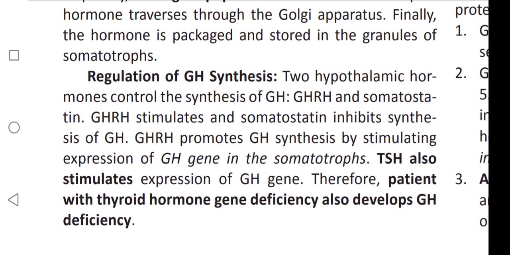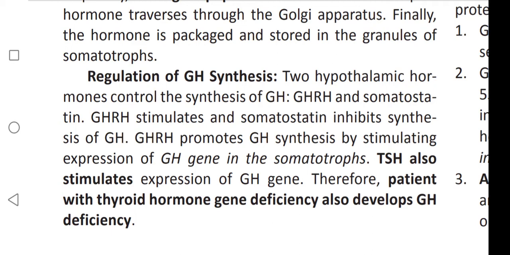Regulation of growth hormone. Two hypothalamic hormones control the synthesis of growth hormone, that is growth hormone releasing hormone and somatostatin. Growth hormone releasing hormone stimulates and somatostatin inhibits synthesis of growth hormone.